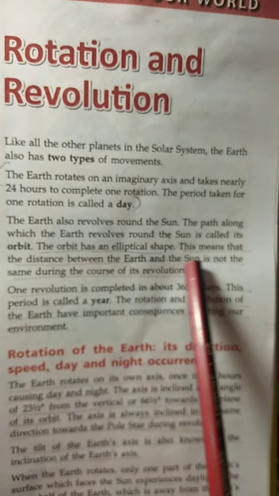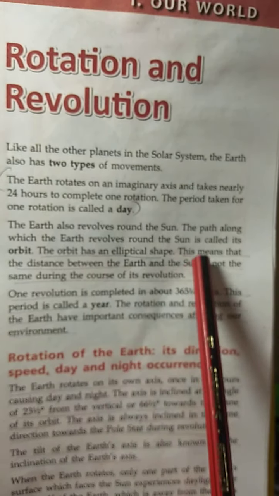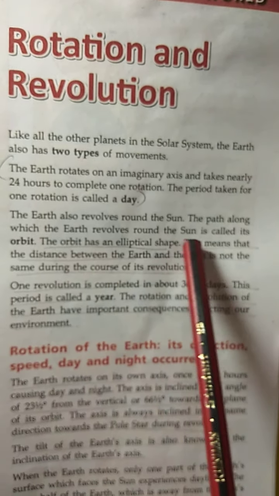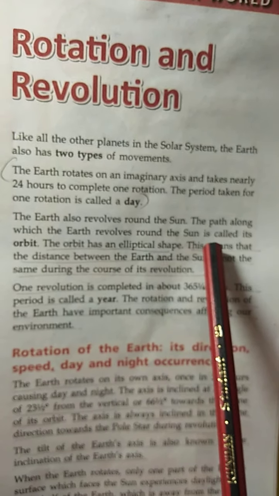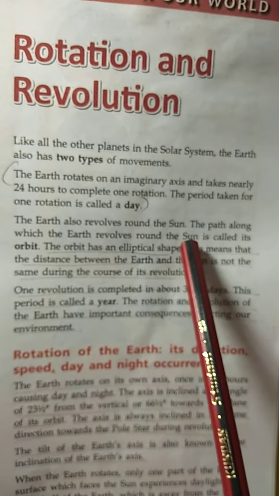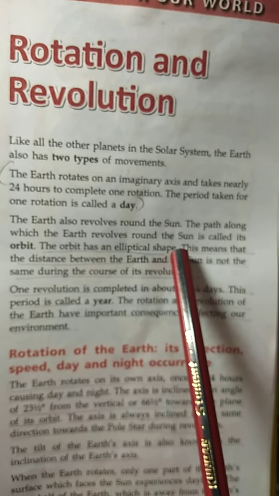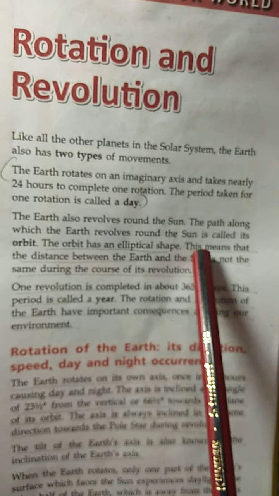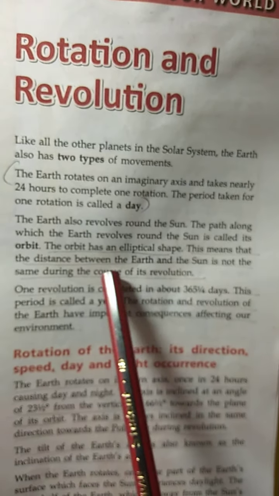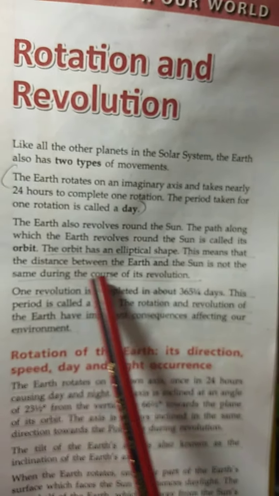An elliptical shape can be compared to the shape of an egg, where one end is a little broader and the other is a little narrow. As the orbit takes the shape of an ellipse, the distance between the earth and the sun does not remain the same during the course of its journey around the sun.